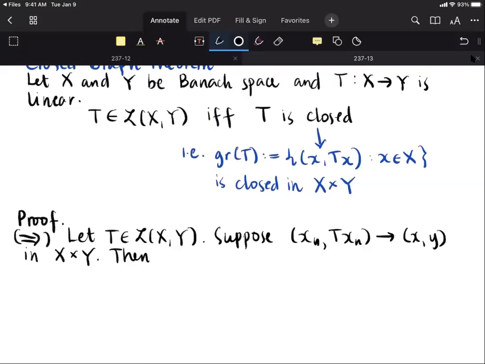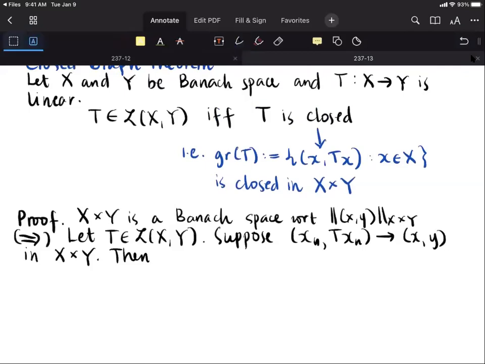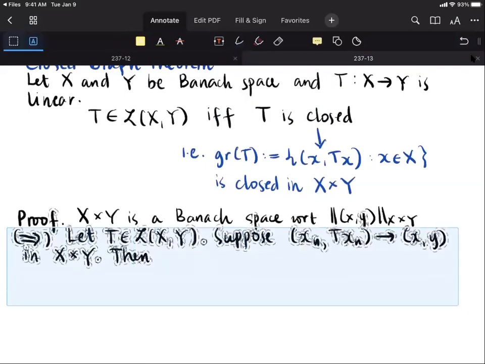Then you can show that the product space is a Banach space with respect to the product norm.